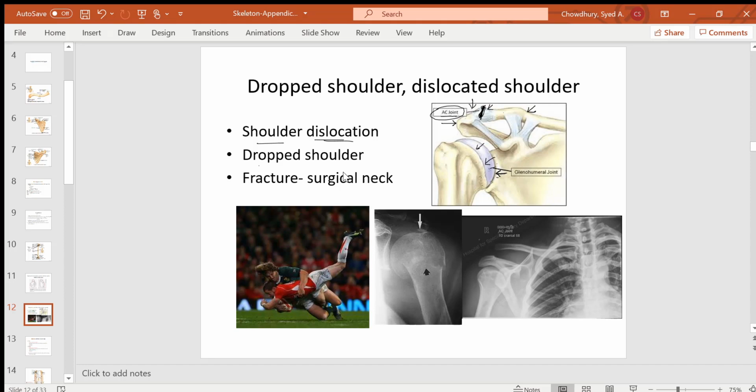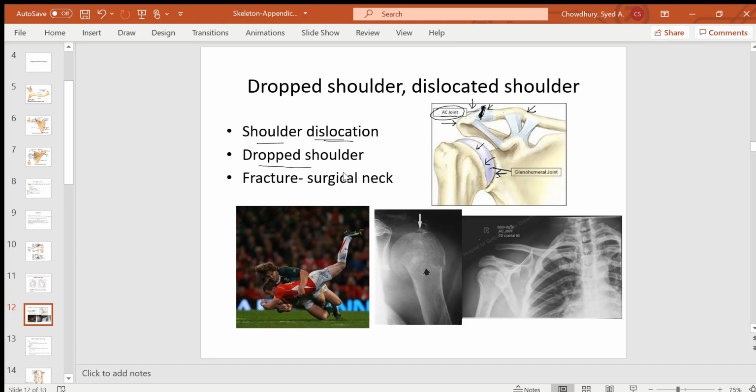Now, dropped shoulder is a condition in which if you see the person, you will see that one side of the shoulder is lower than the other side. What can cause that? Many things can cause dropped shoulder. Usually happens in a dominant side, the side you use more. If someone lifts heavy weight every day, at his work, that may cause dropped shoulder.